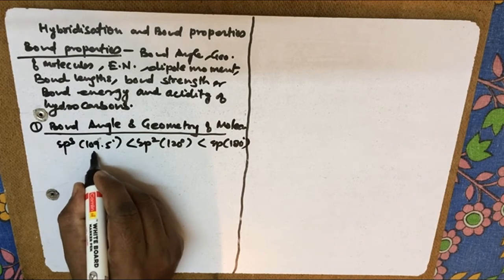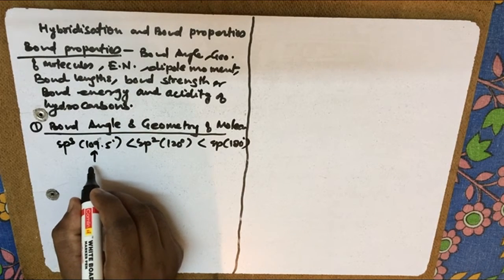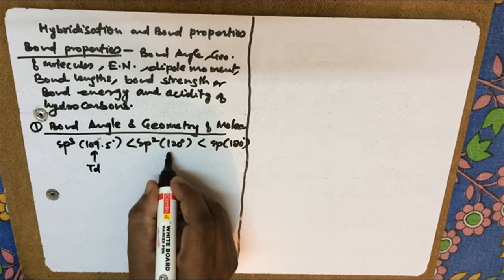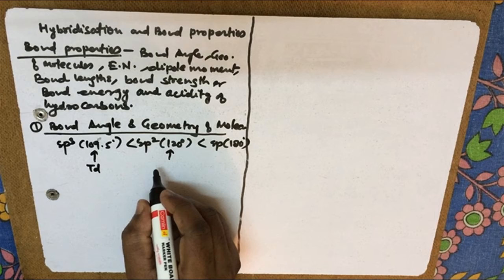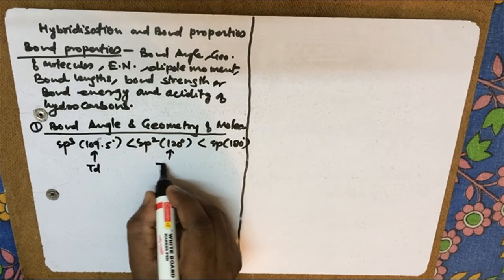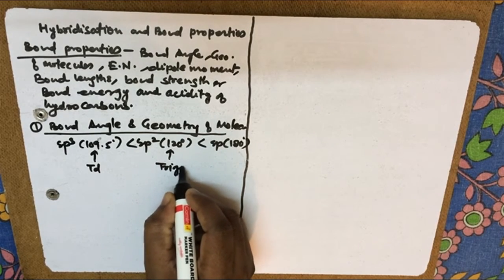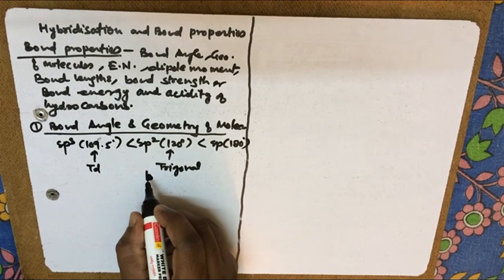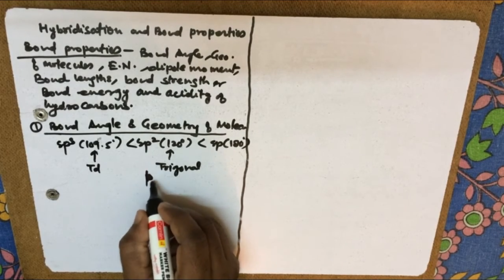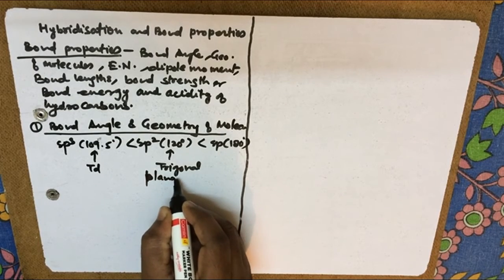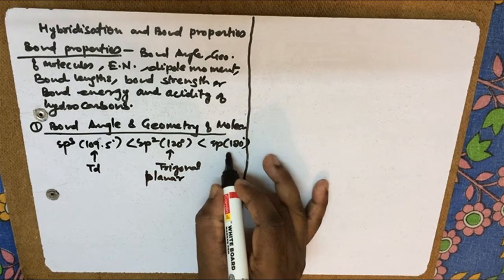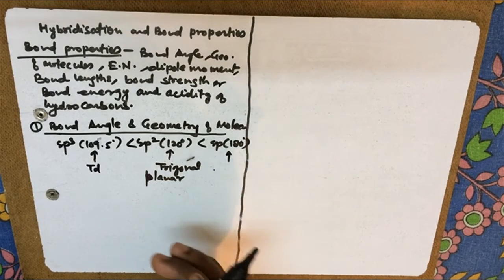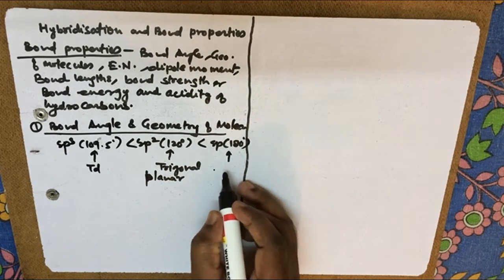So for this bond angle, the geometry of the molecule will be tetrahedral, and for this bond angle, the geometry of the molecule will be trigonal planar. Okay, and for this bond angle, geometry will be linear.